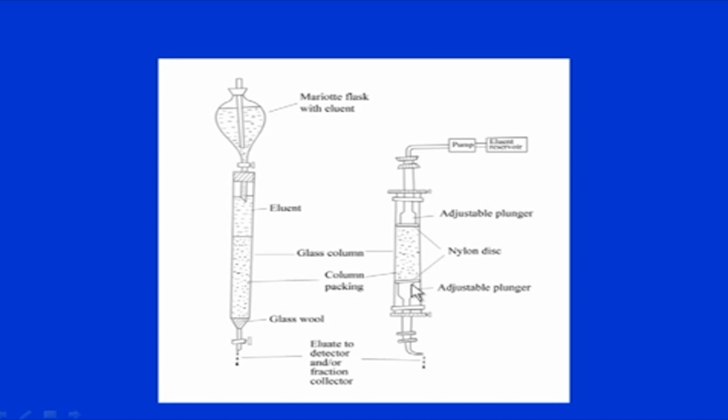There are two plungers here, and nylon discs or nylon filters are attached to them. So, the stationary phase is supported here. As the mobile phase passes, it comes out here and goes to the detector, and finally it could be collected in a fraction collector. So, that is a very simple arrangement, and we will discuss each of these things individually. So, let us start with the columns.